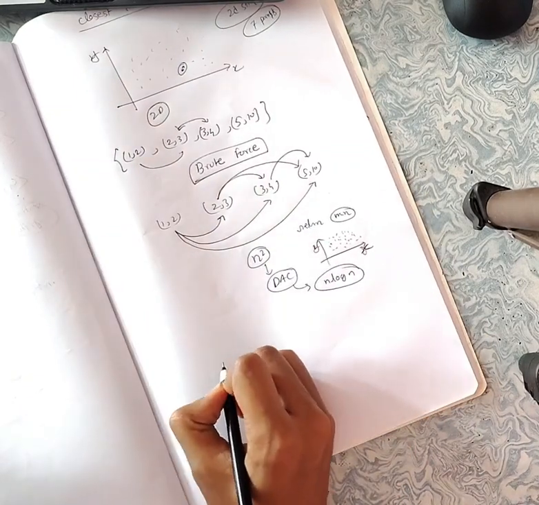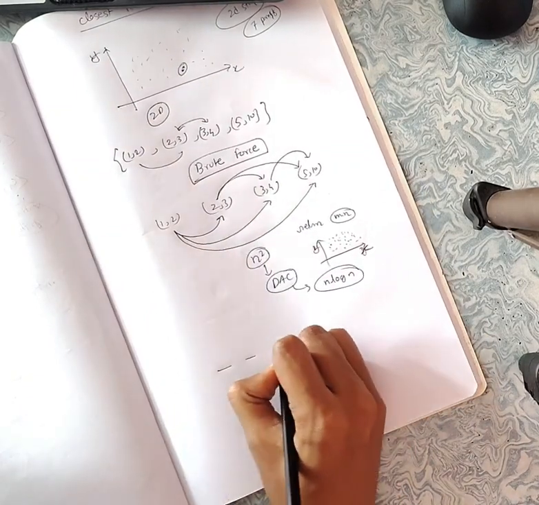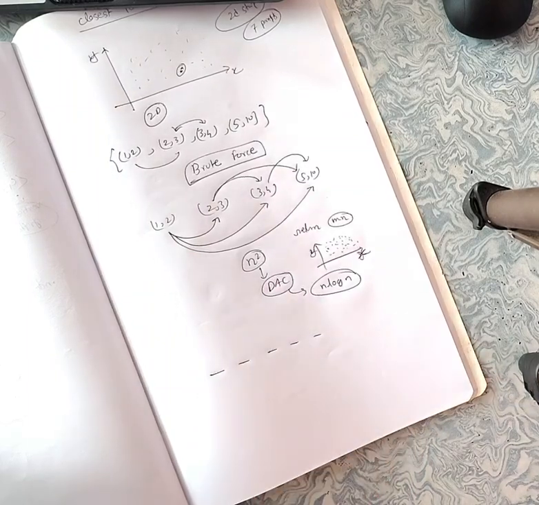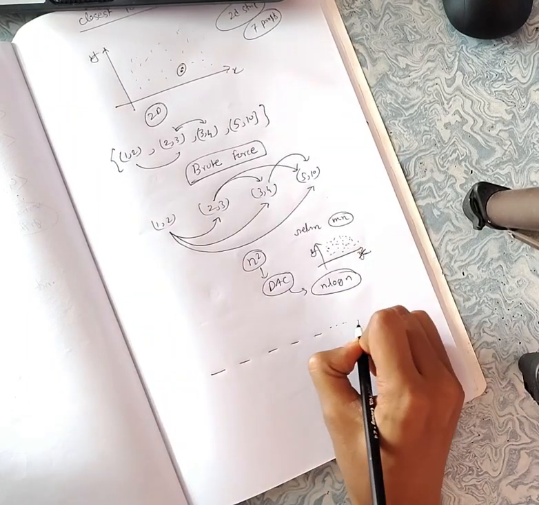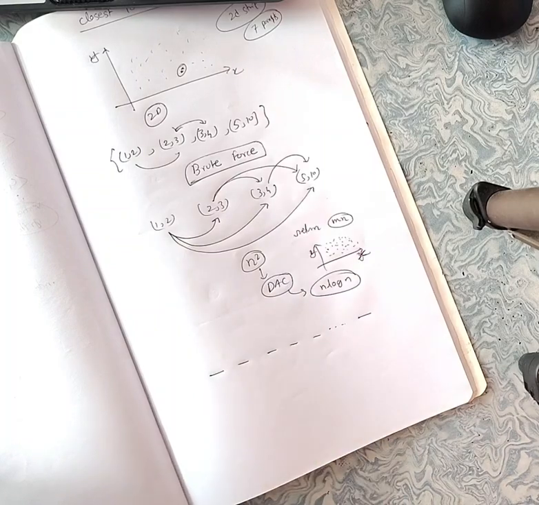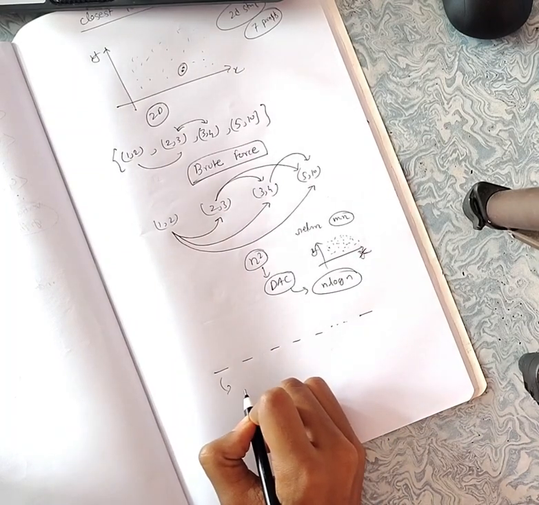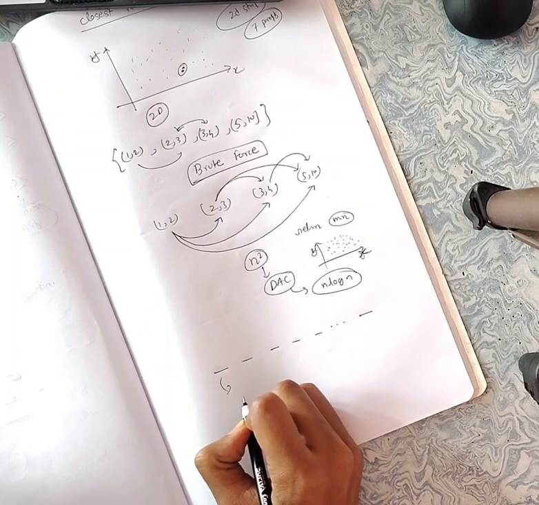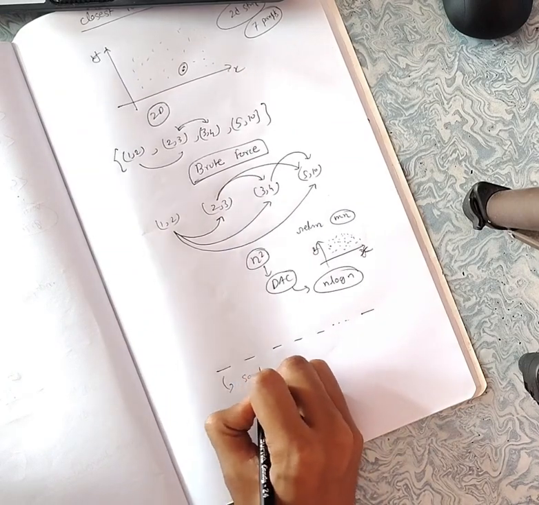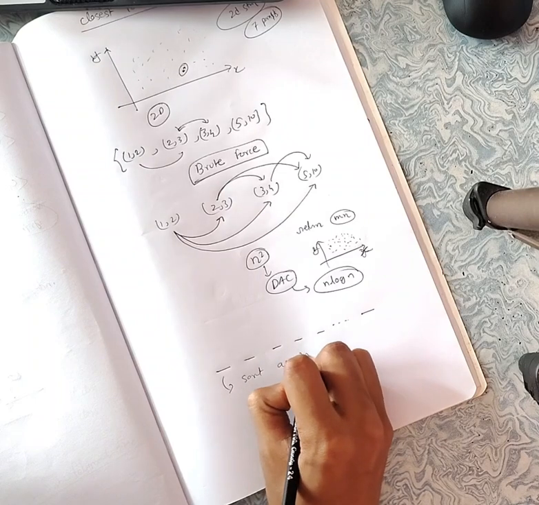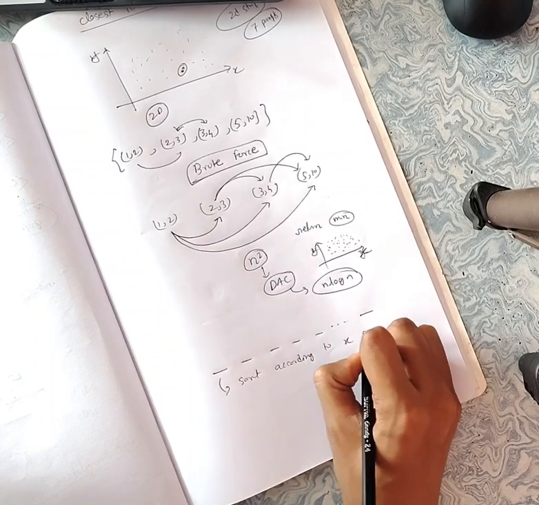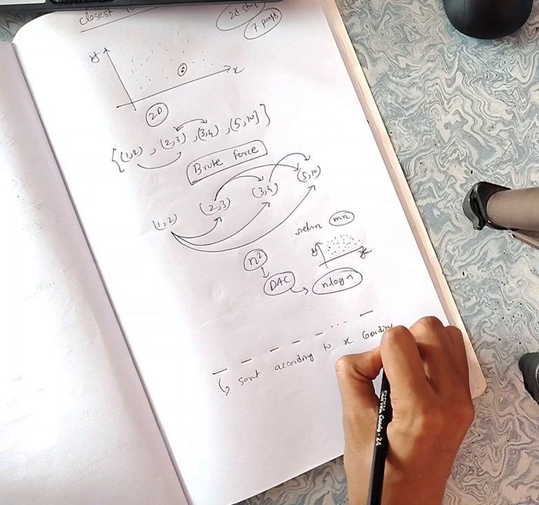So suppose you are given n points. What you are going to do is sort them according to their x coordinate.